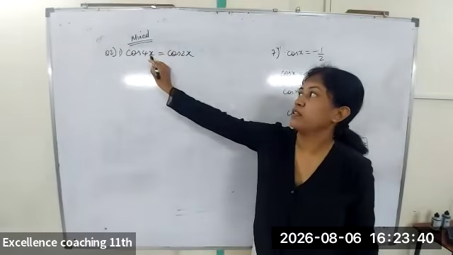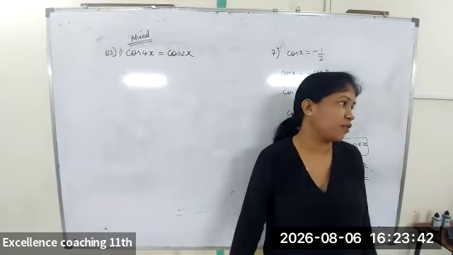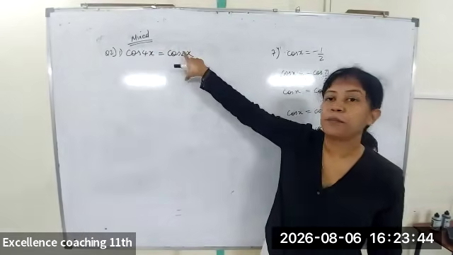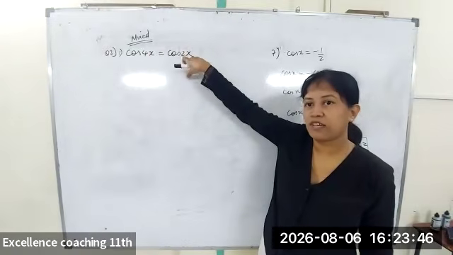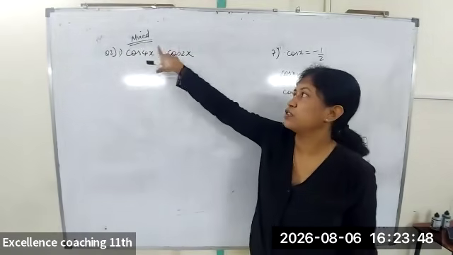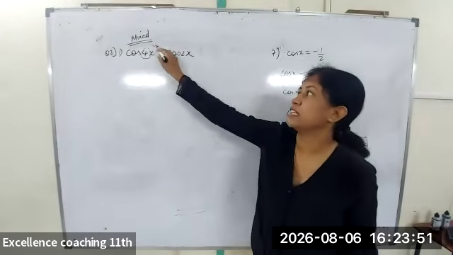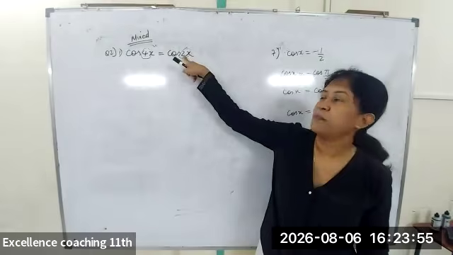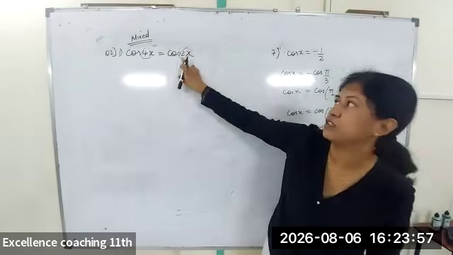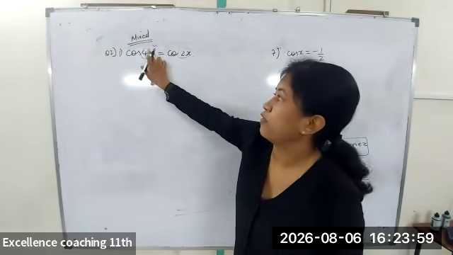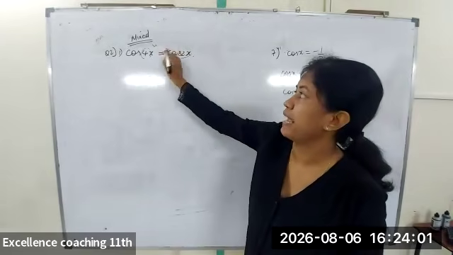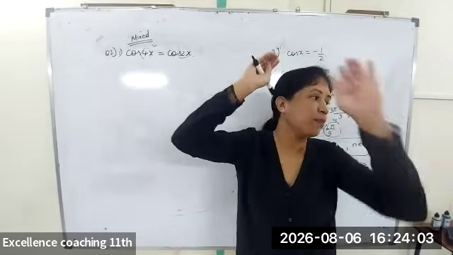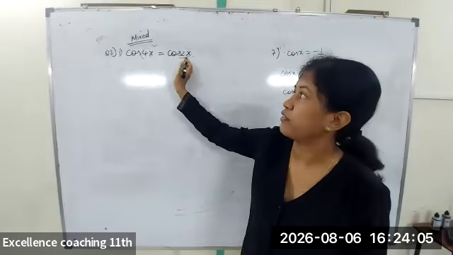This side is x, this side is also x. It has to be some pure number. Remember, the y value has to be something pure. This side also is x, that side we cannot say this is x and this is y and then write a solution. That would be wrong. Here you have to have the pi by 6 or pi by something like that. So whenever you have something like this, both sides x terms, we cannot directly put them in the Z1 and Z2 category. We have to simplify.